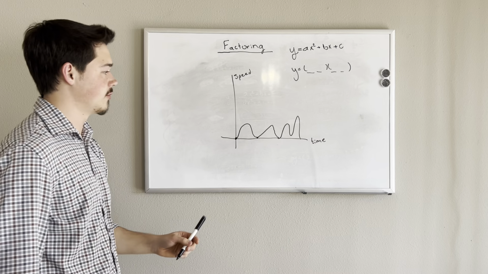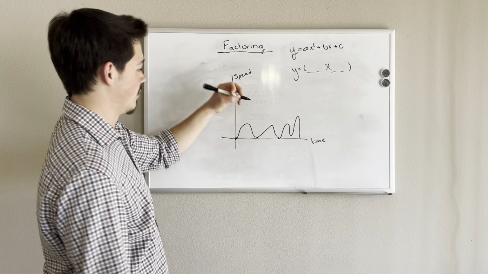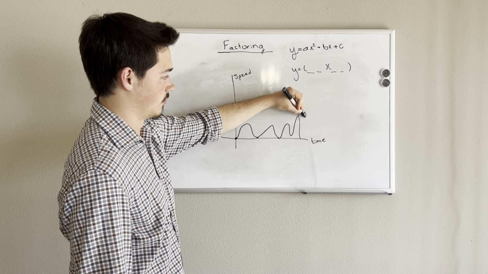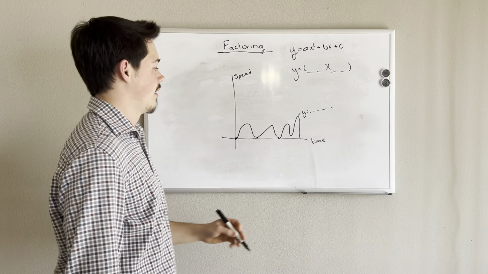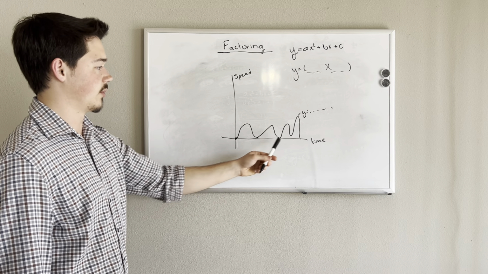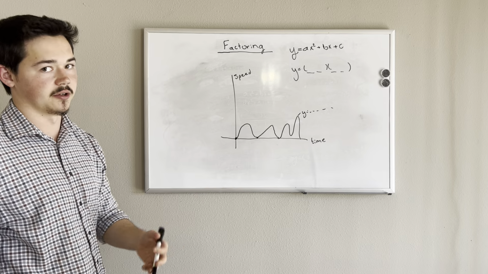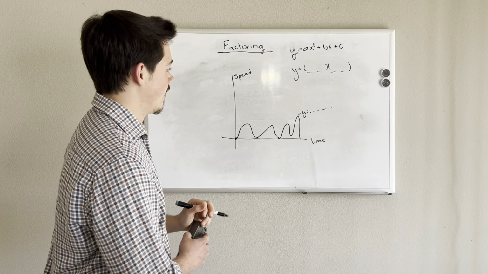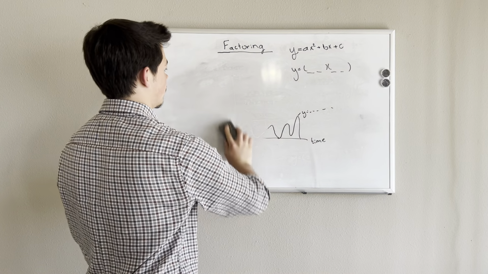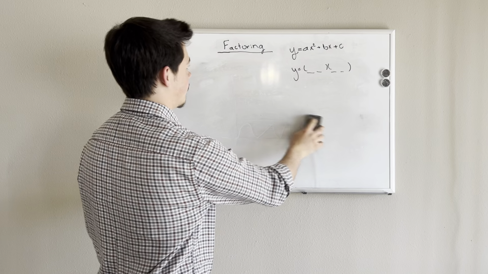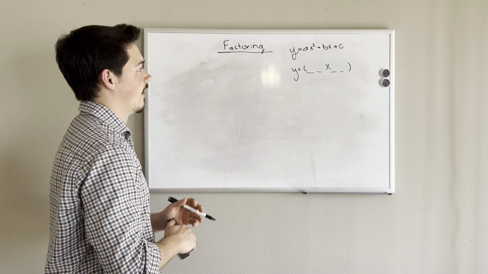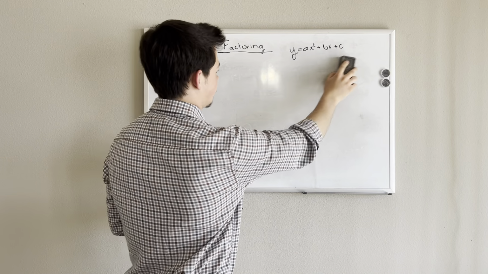And so finding our roots would be, we want to know on this equation, y is equal to whatever, at what times was y equal to 0. So that would mean for us, when is our speed equal to 0? When is the car standing still? So those are the two things that we would want to use factoring for generally, the most common things anyways.